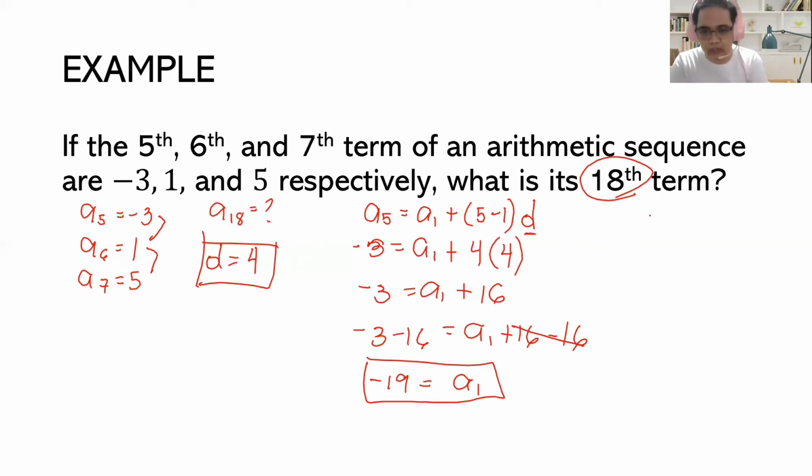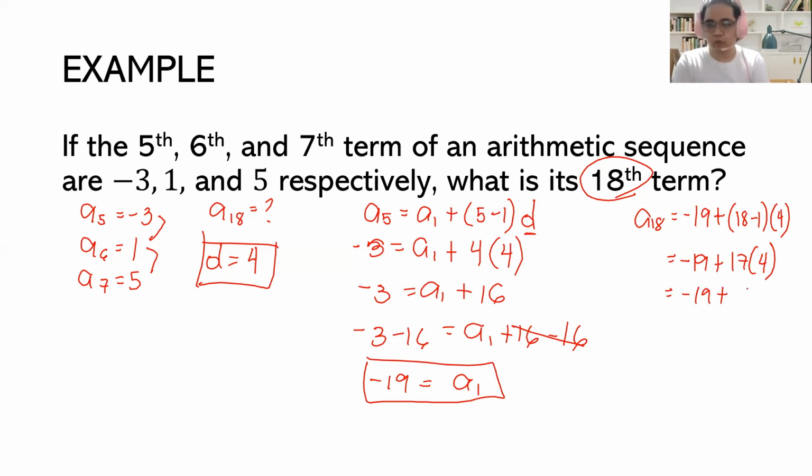So that will be a sub 18 equals a sub 1, which is negative 19, plus 18 minus 1 times common difference, which is 4. So we have negative 19 plus 17 times 4.